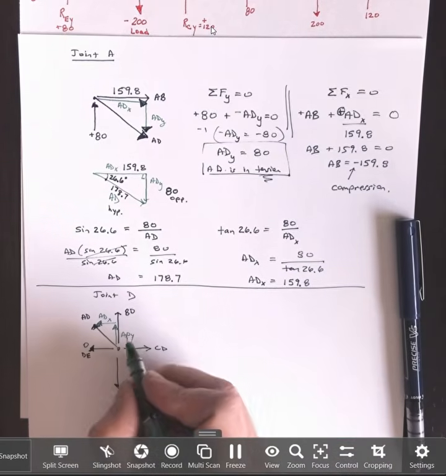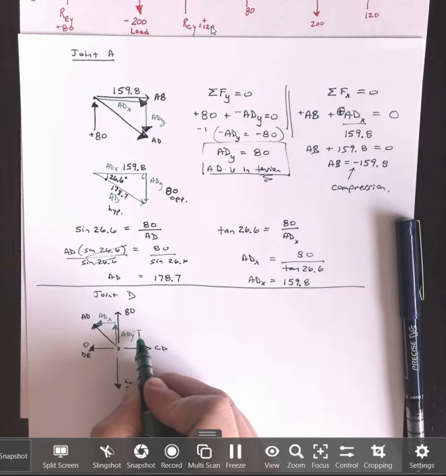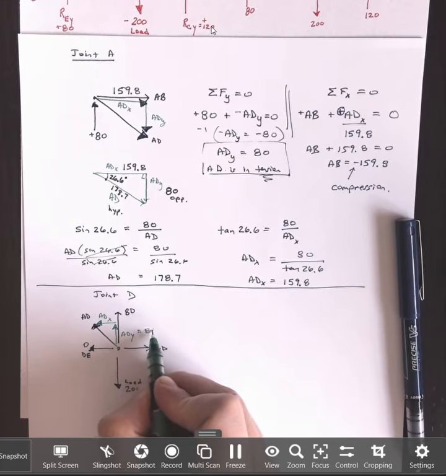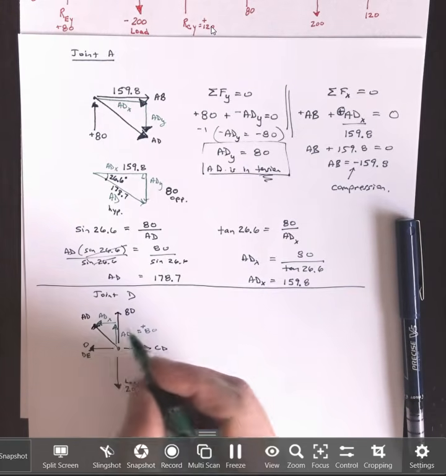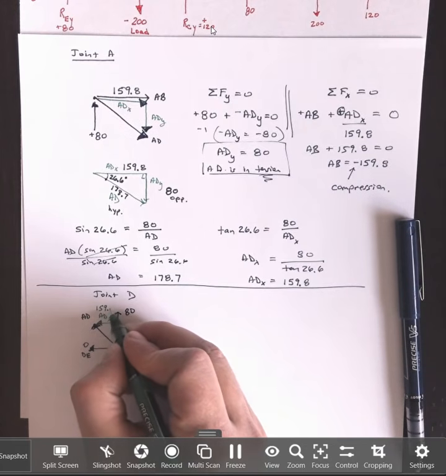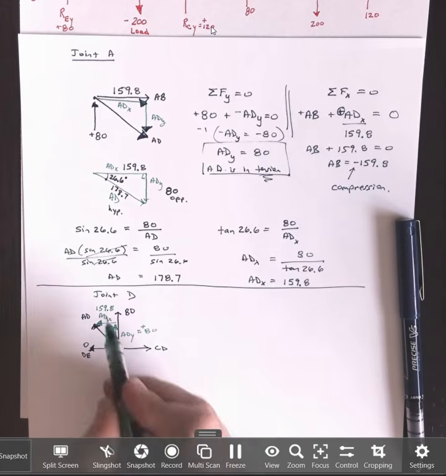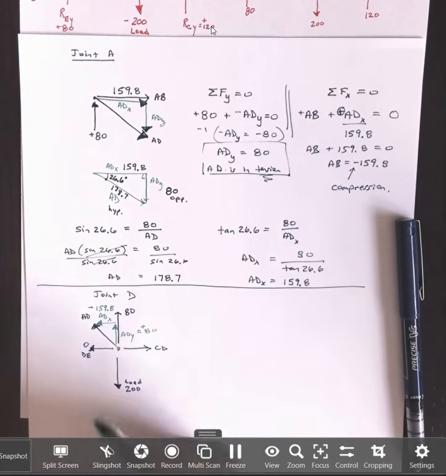And we actually have those numbers, right? ADY was 80. ADX was 159.8, which here in this case, left is negative.